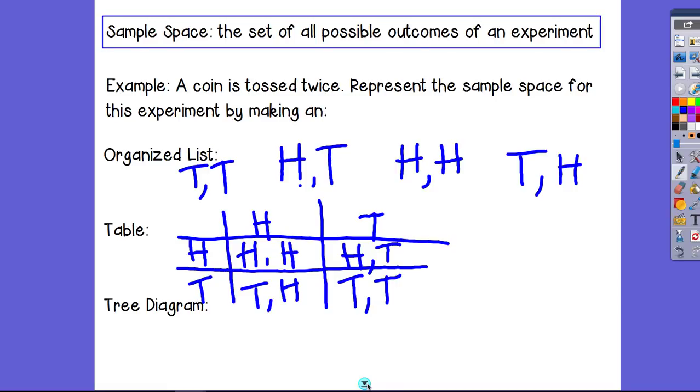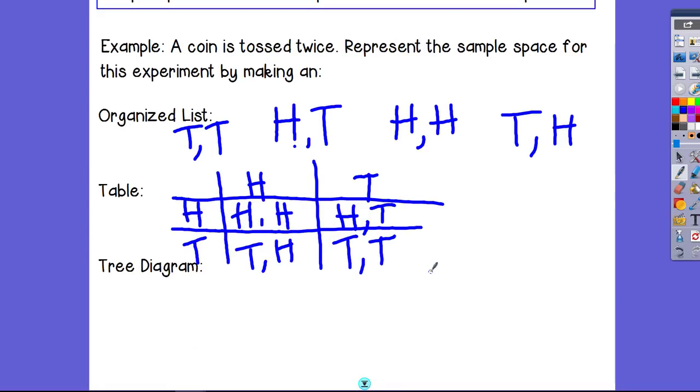And then the last way to represent the sample space is through a tree diagram. Our outcomes could be either heads or tails. That's the first flip. It's either going to be heads or tails. Then let's say we land on heads. Then the second coin could land on heads or tails.